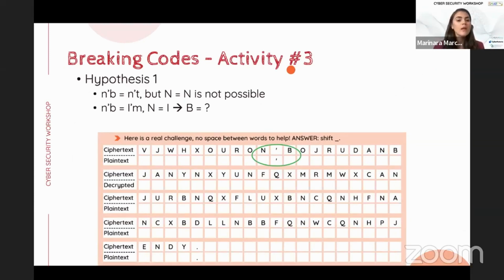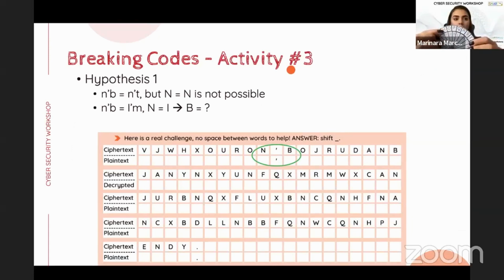Another hypothesis that I have here is that N apostrophe B is the same as I apostrophe M. That would mean that N equals I. If I take my Caesar cipher and align the letter N with I, I end up with this.